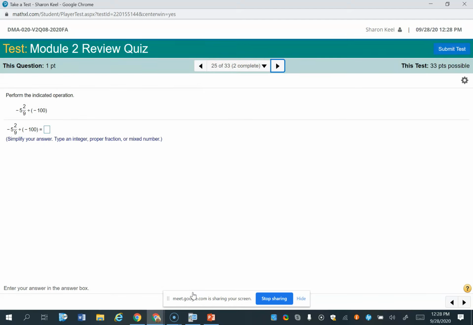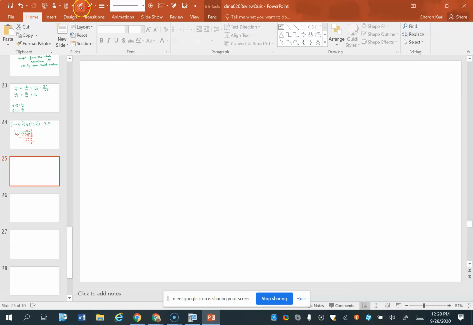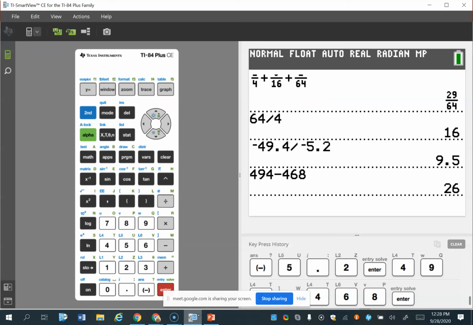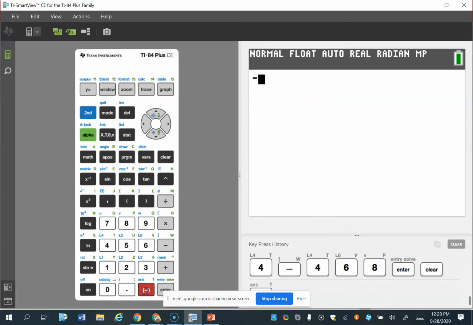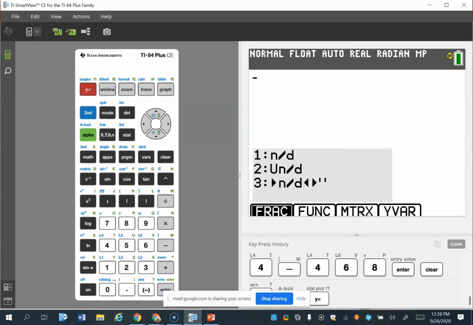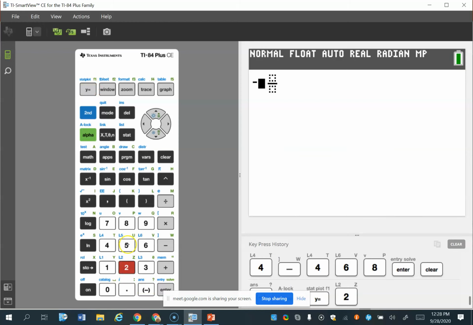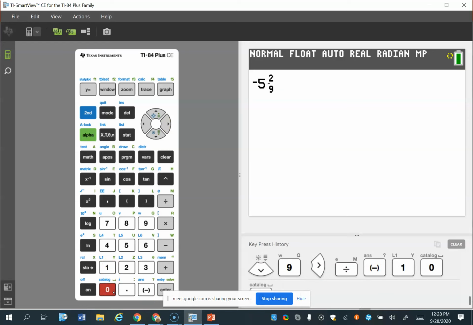Negative 5 2/9. Negative 5 2/9 divided by negative 100. Let's just keep this simple and let's just use our calculator to do this. Okay? So we have a negative sign first. And we have our 5 2/9. That's going to be divided by a negative 100.